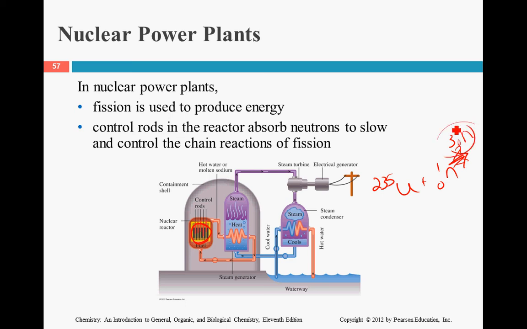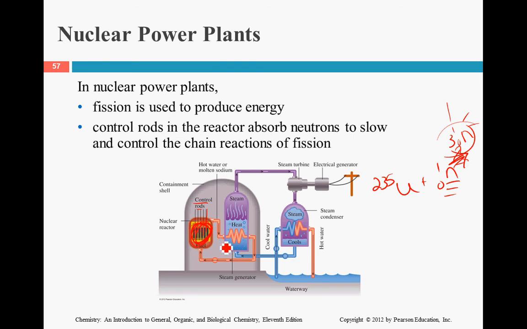And then those 3 hit more uranium. So it causes a chain reaction, and that chain reaction is happening right here. Now, in order for it to stop, they have these things called control rods that they lower, and they absorb all these extra neutrons that are being given off. And once they're absorbed and controlled, the control rods go back up, and the reaction starts up again.